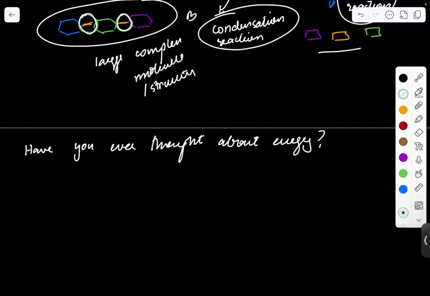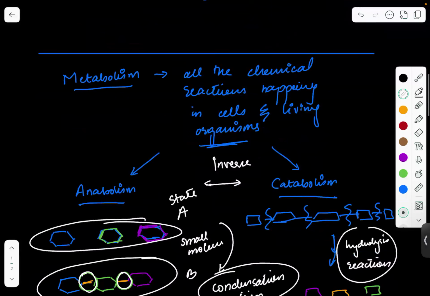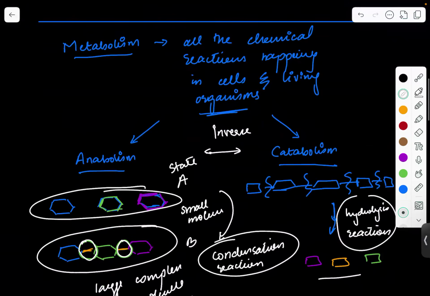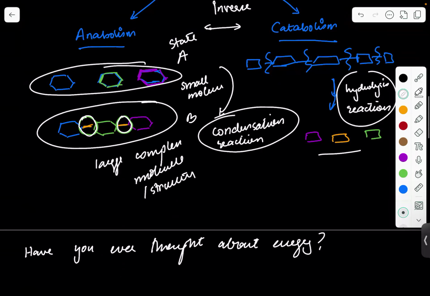Because remember, I said to you guys that in metabolism and all the chemical reactions happening in your cells and living organisms, energy is not created or destroyed, but it is transferred, right? So anabolism and catabolism are inverse of each other, but they're also constantly communicating with each other.